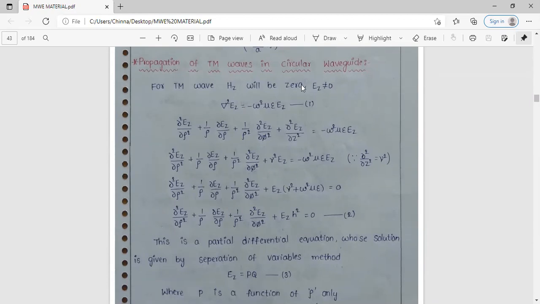Sorry. So coming to the TM wave here, similarly we can consider the wave equation: del square Ez is equal to minus omega square mu epsilon Ez. That is equation 1.